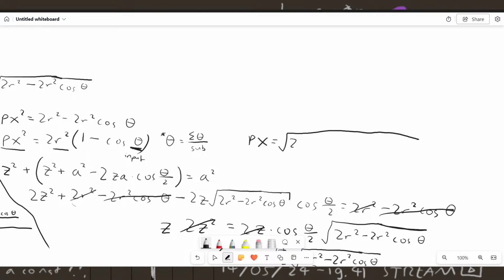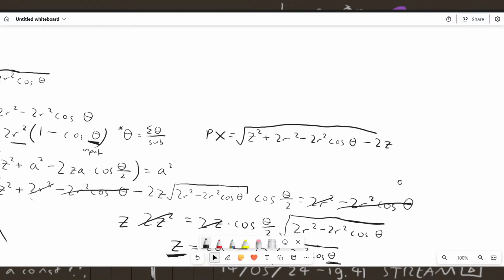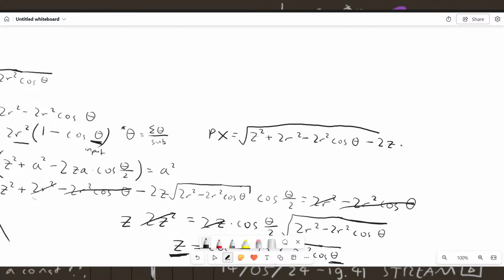Square root of z squared plus 2r squared minus 2r squared cosine theta, minus 2z, all that, is 2z square root of 2r squared minus 2r squared cosine theta.